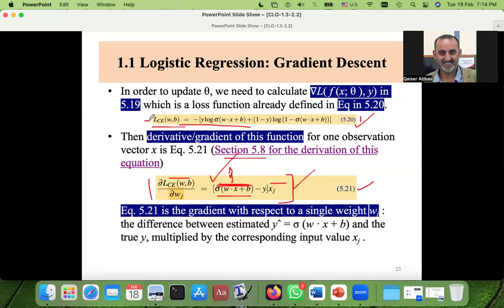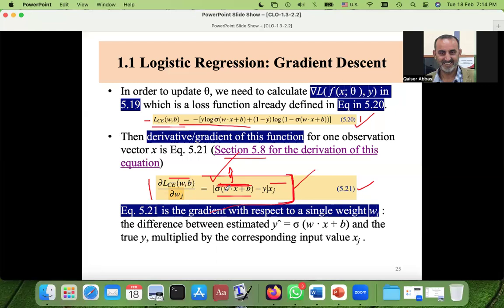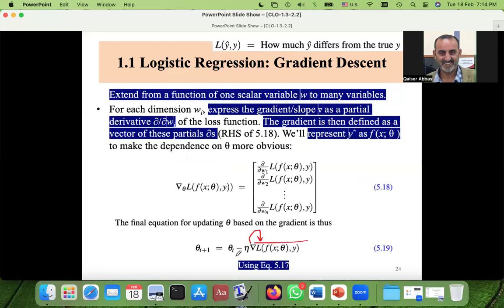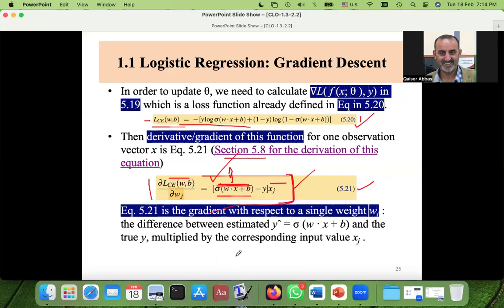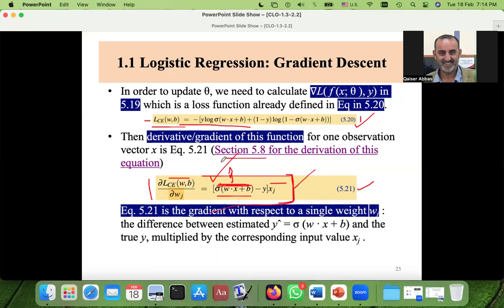After applying the gradient over this, you got this equation. Now, putting this result in our equation, finally we have what? Or you can summarize it further. So this is now the gradient for one point.